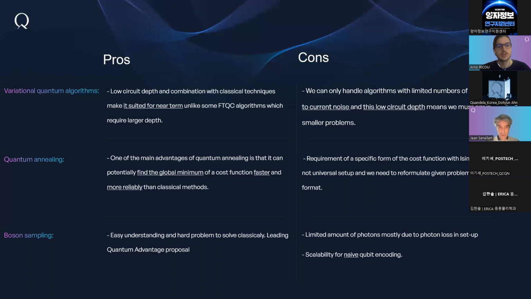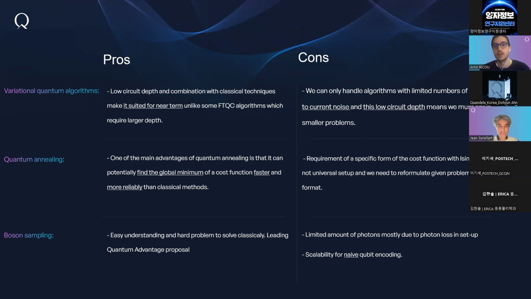So each of these classes of algorithms, to sum up, has pros and cons. For variational algorithms, we have low circuit depths in combination with classical techniques that make them suited for near-term devices. Unlike FTQC algorithms, where you need a huge depth, which means you need qubits that stay in the state for a really, really long time.